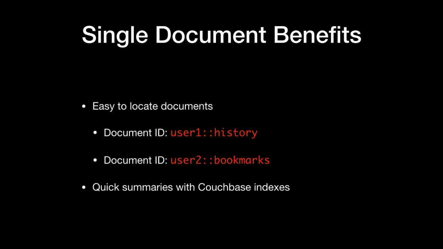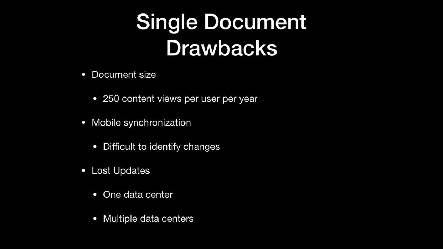For a particular user, you could give it an ID that consists of the user ID and the word history or bookmarks, and you could immediately retrieve it. It also provides quick summaries with Couchbase indexes, so you can create an index that's based off the contents of a document. So that's helpful, but there are some drawbacks.